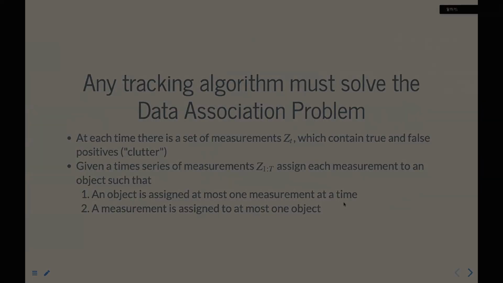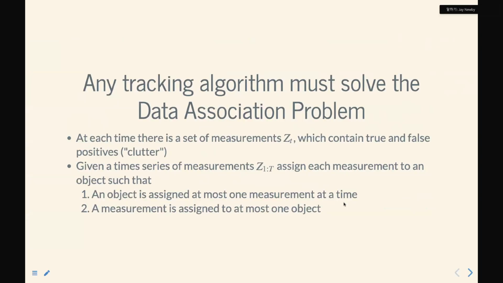The hard part of multiple object tracking is called the data association problem. And it's pretty simple. I'm going to come back to this later and describe it in more detail, but basically we need to be able to assign the measurements that we have to a set of hypothetical objects. I don't know the number of objects, it's random, and whether or not an object gets a measurement is random, because we have missing observations.